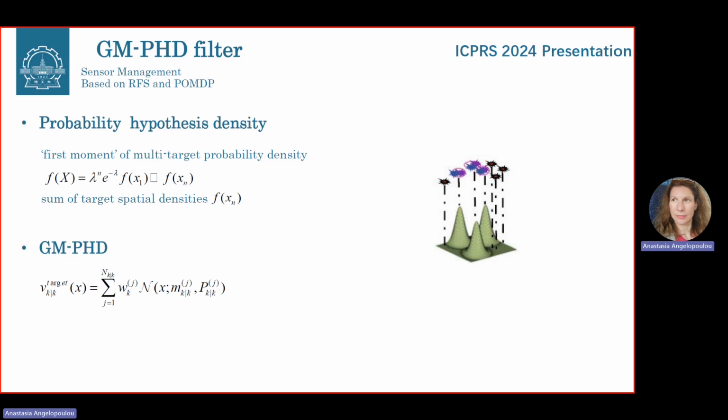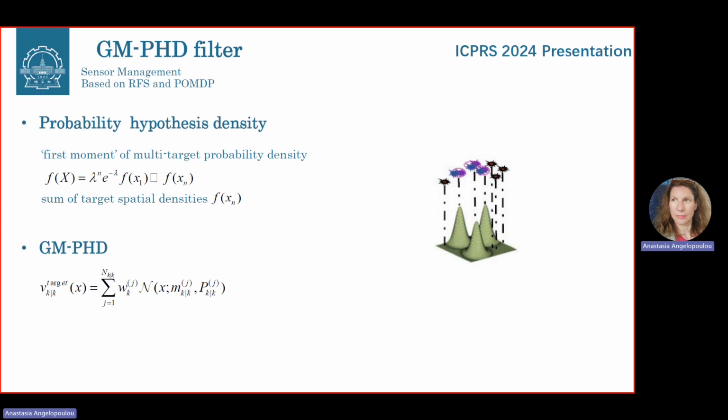If the random finite set capital X stands for the distribution of multi-targets, then the PHD is the sum of single target densities, of which the integral value is the number of targets. We use Gaussian mixture to fit the actual PHD.